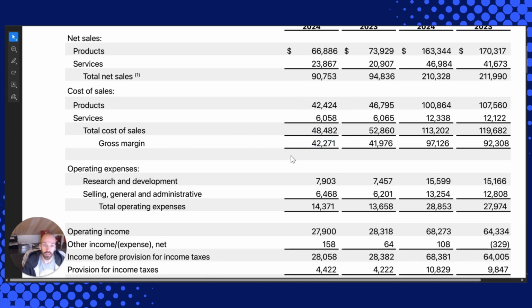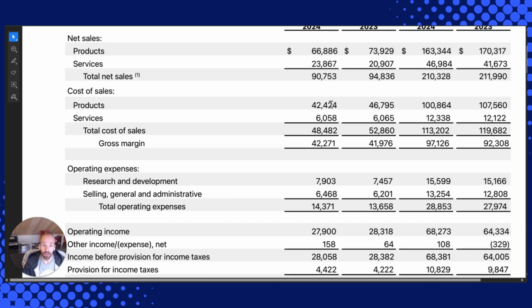Now, as I'm looking at this sort of stuff, I would look at the gross margin, so revenue minus the cost, for each individual line item. So what's the gross margin on products? Well, it's the 66.9 minus the 42.4. That comes out to about $24.5 billion of gross margin just for the products.